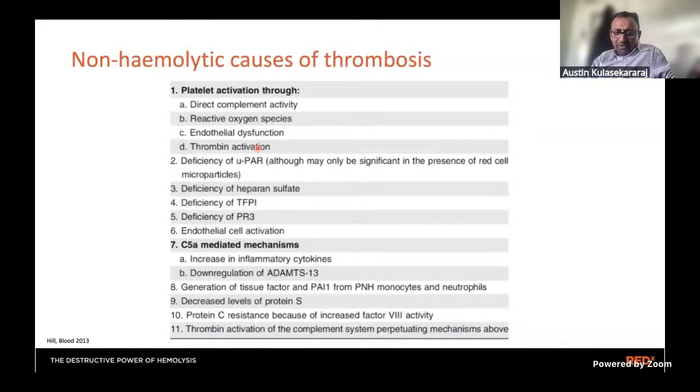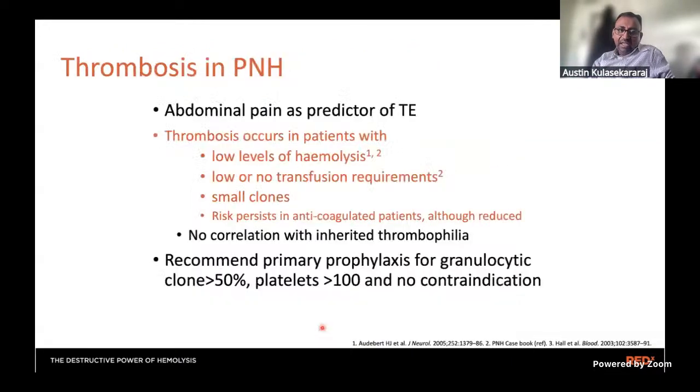I'm not a thrombosis expert, but there are other causes of thrombosis not related to hemolysis. Nearly 90 to 95% of patients who develop thrombosis with PNH have it because of their hemolysis.